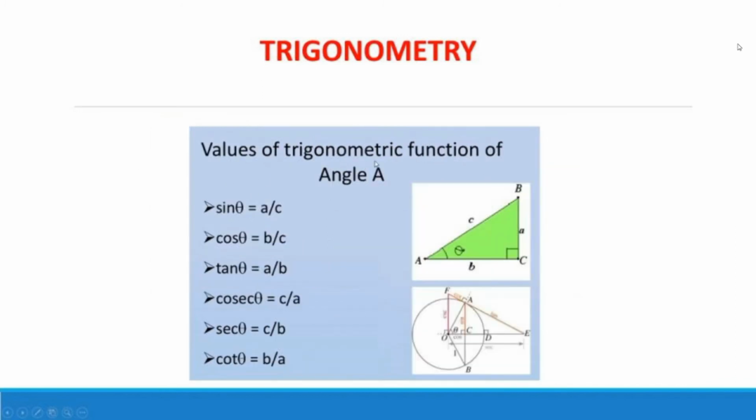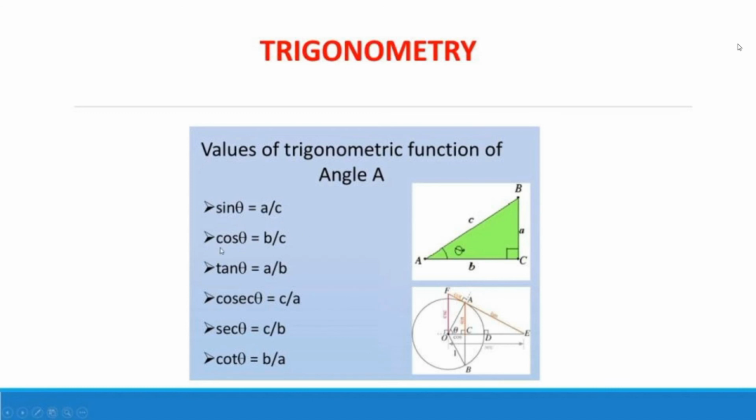And for the values of trigonometric functions of angle A, so this is the angle A. We have a triangle with sides a, b, and the hypotenuse, which is small c. And this is the angle theta at angle A. Hence, sine theta, which is the opposite over hypotenuse, is opposite, which is a, over hypotenuse, which is c.